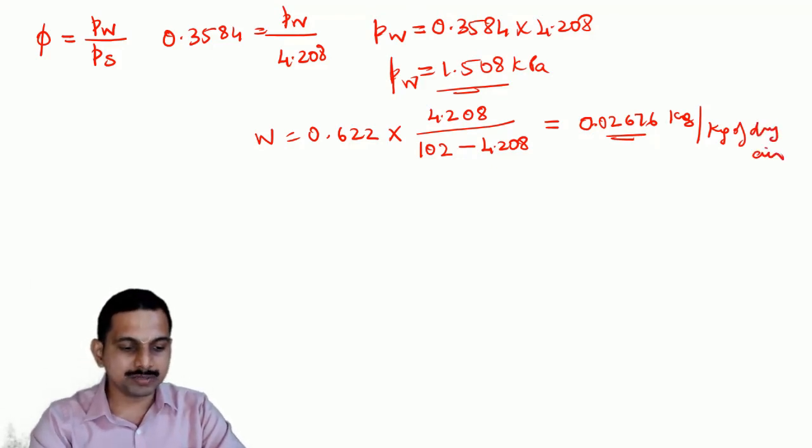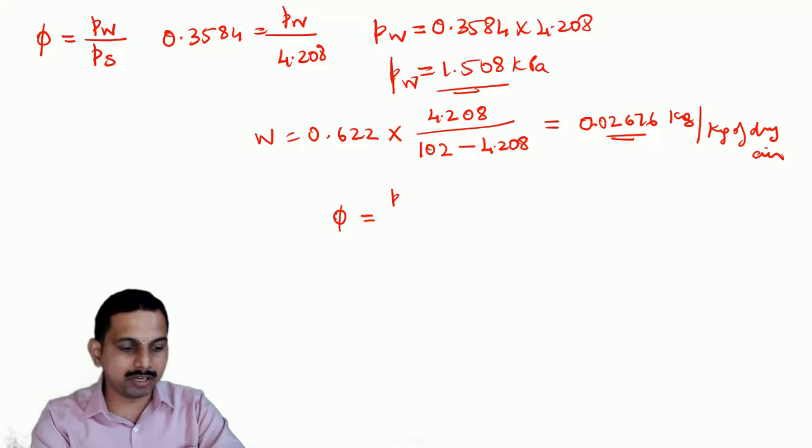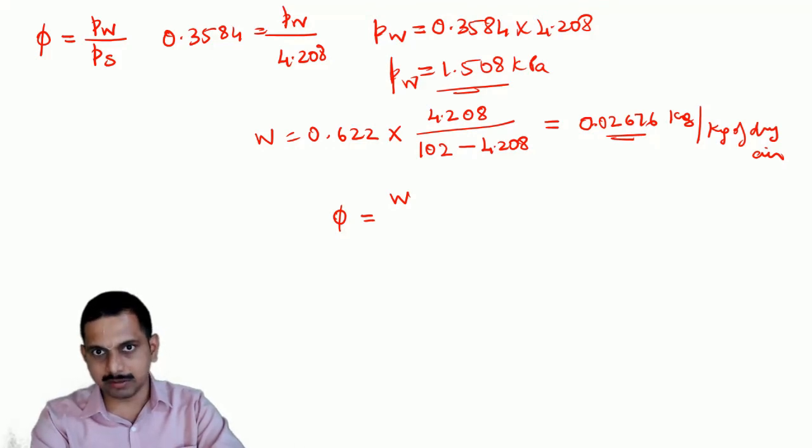Now after this, we have to calculate the relative humidity, which would be W, the present humidity ratio, divided by the humidity ratio at saturation.